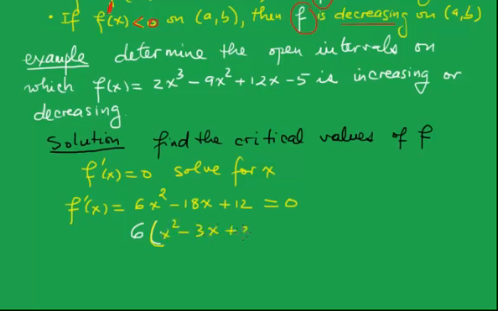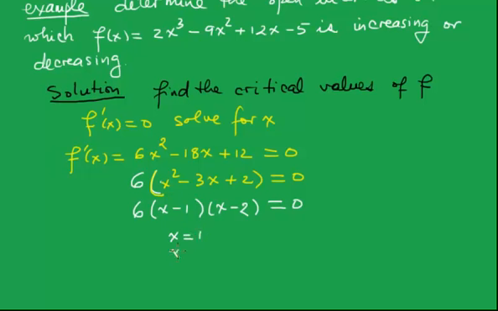So if we continue, we have 6 times (x minus 1)(x minus 2), and you should verify that this is the proper factorization. When we set it equal to 0, we get x equals 1 or x equals 2. So these are the critical values.